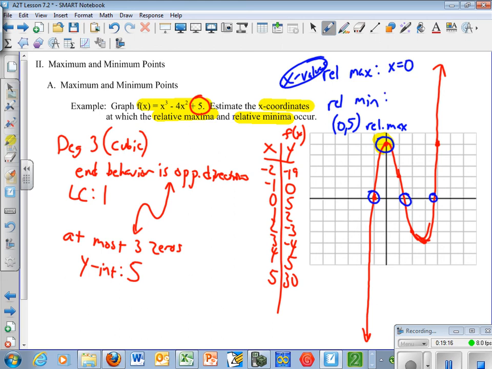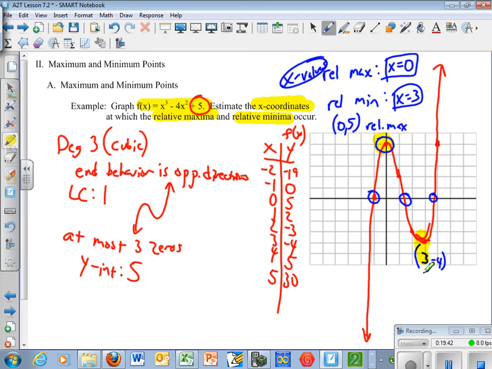The relative min, if we go over here, this would be a relative min right here, and we are actually at the coordinate 3, negative 4. But again, we want the x value that it occurs, so that would be at x equals 3. Okay. If they asked you what is the relative max, then that would be the y value. But they're asking what x coordinate does it occur at.